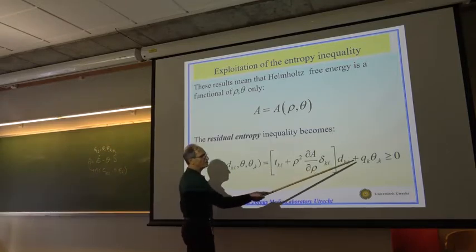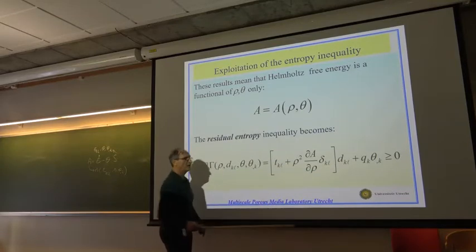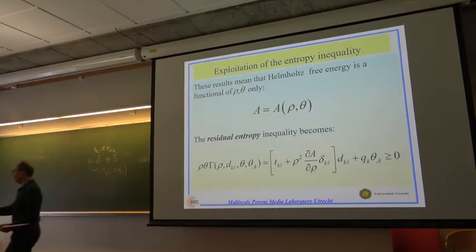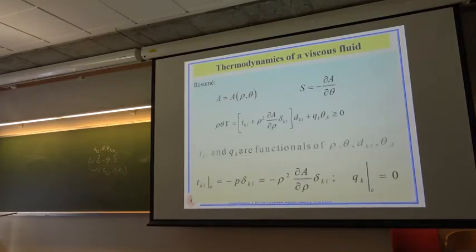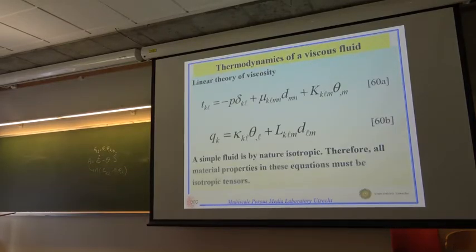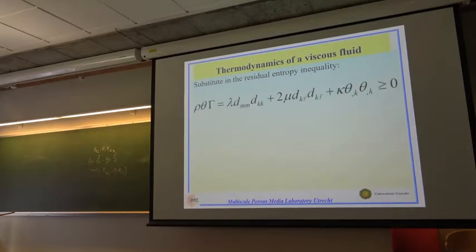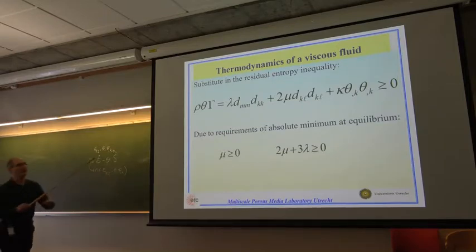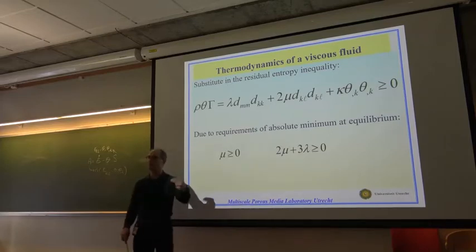So the linear relationship we propose for Q and TKL, we substitute in here, and that still has to be satisfied. And if you do that, you find these restrictions on lambda and mu. Yeah, there's the residual entropy inequality with this linear relationship inserted, and that will tell you mu must be positive and 2 mu plus 3 lambda must be bigger than 0.